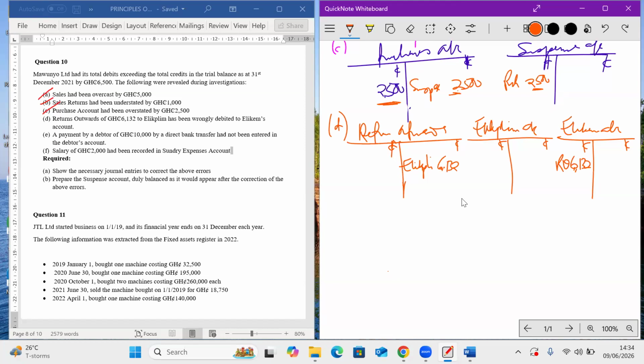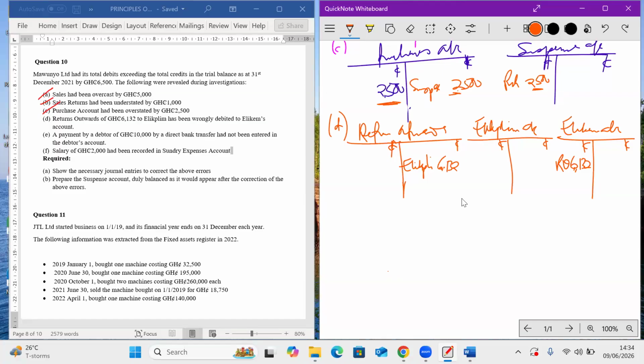Eliclim's account also has an error, because the money should have been there but it wasn't.